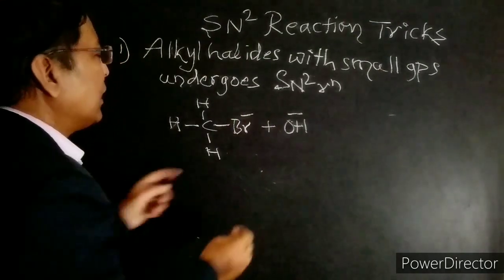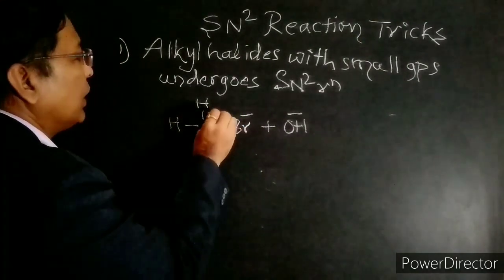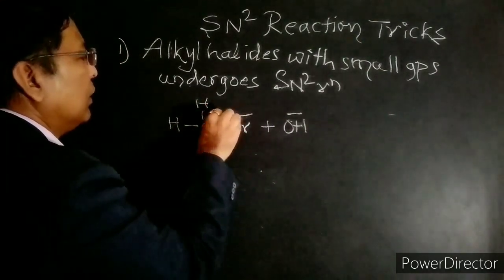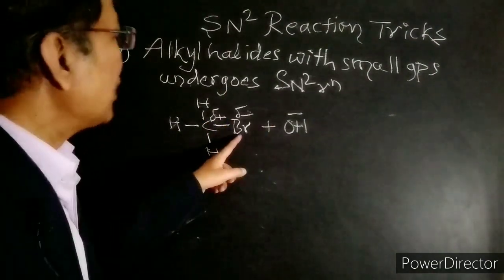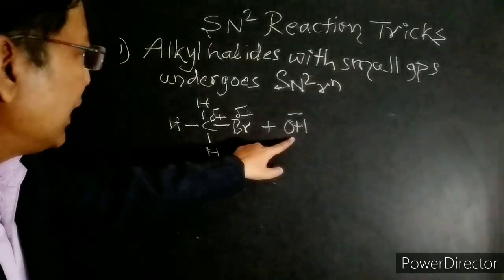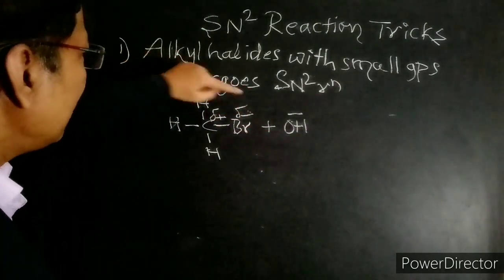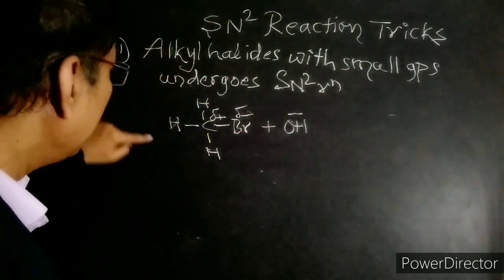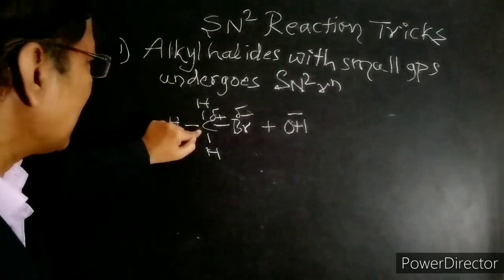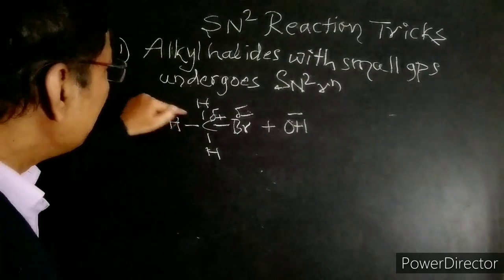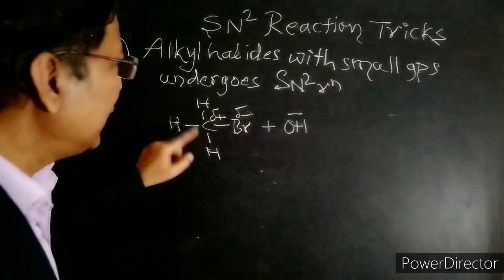Here, as we know, the carbon and halogen bond is polar in nature, carbon is partially positive and bromine is partially negative. The nucleophile has a lot of open space here. So the nucleophile can attack this positively charged carbon atom from the back side very easily.